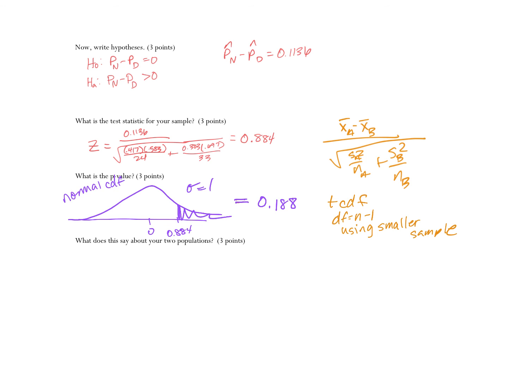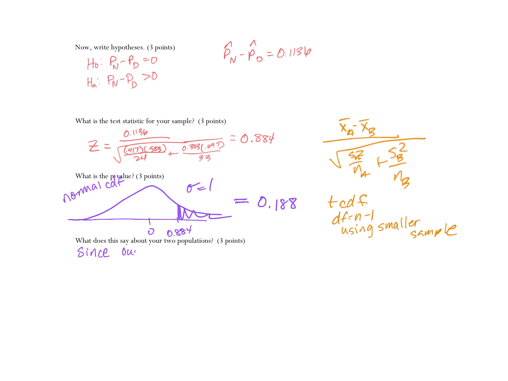A significant difference? Can we rule out our H0? No. How do we decide? Because the p-value is greater than or equal to 0.05.